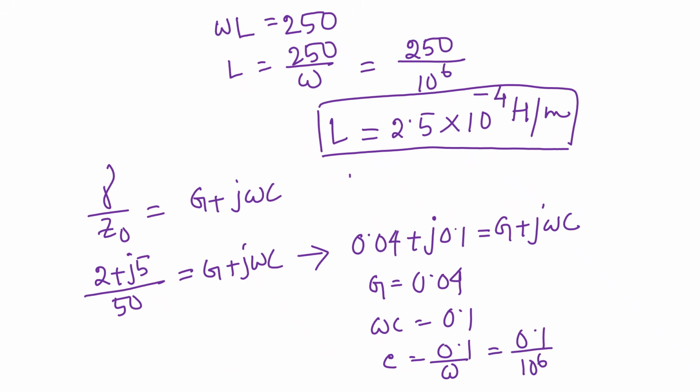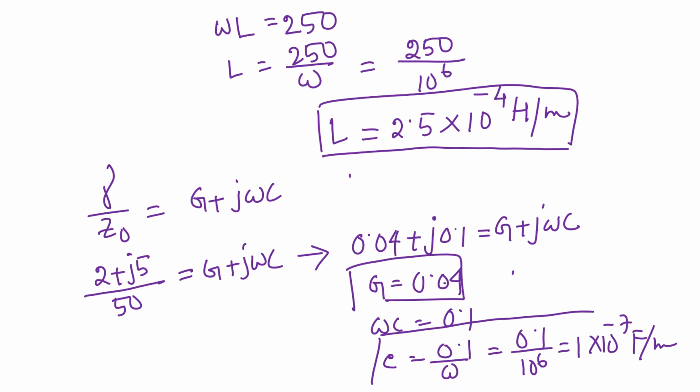So this will finally lead to 1 into 10 to the power minus 7 farad per meter. So this will be the values of your c, and g will be 0.04. This will be the final values.